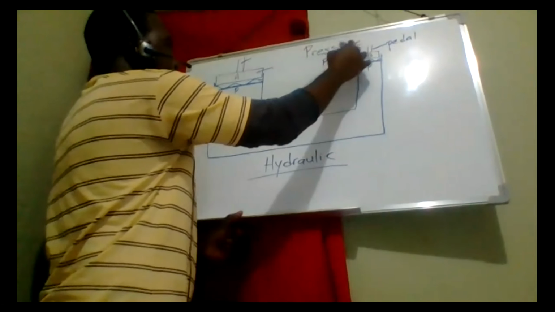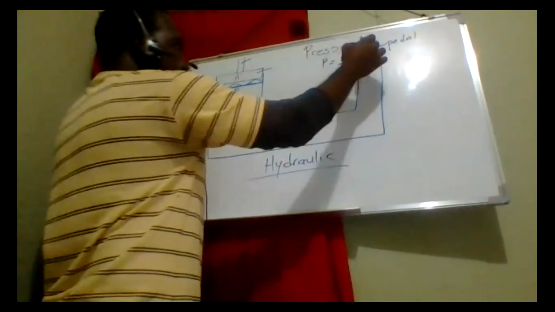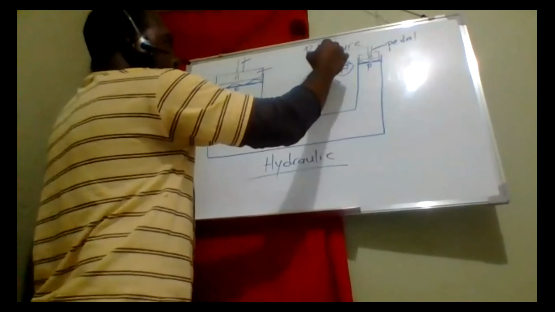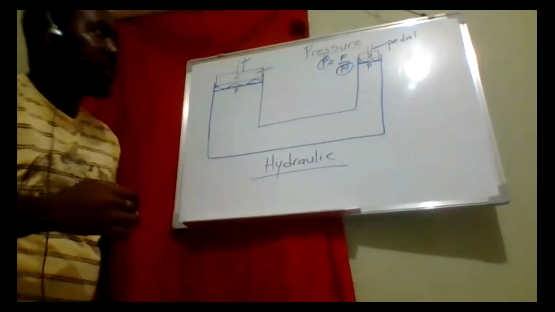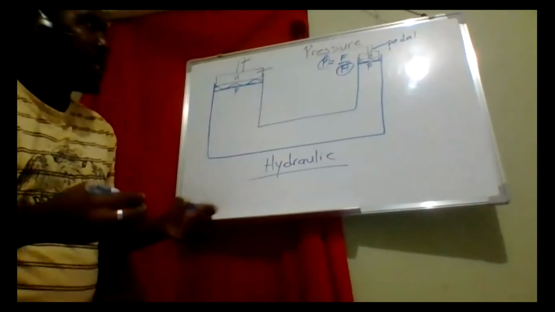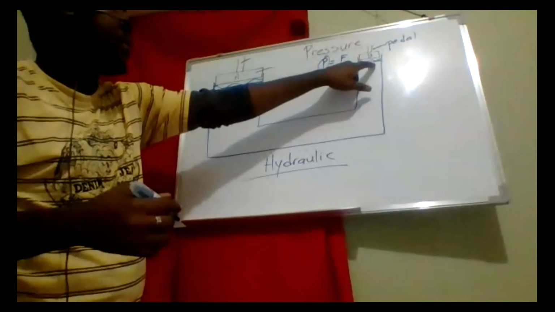So pressure is equal to force over area. The small area will cause you to have a high pressure, just as we did with the high heel shoe or the nail. So a small area creates a high pressure here.